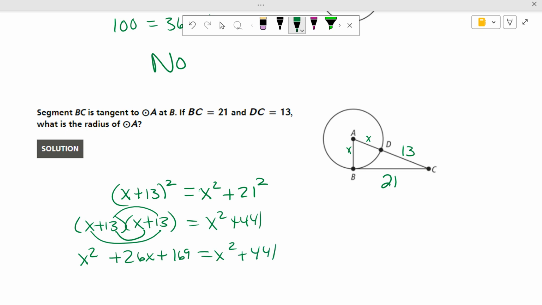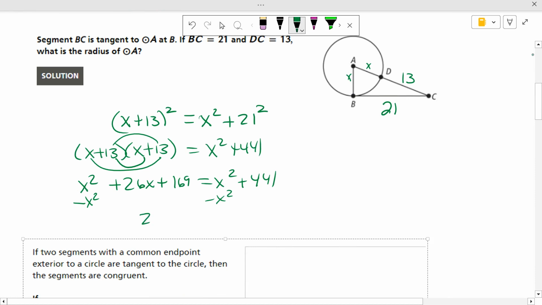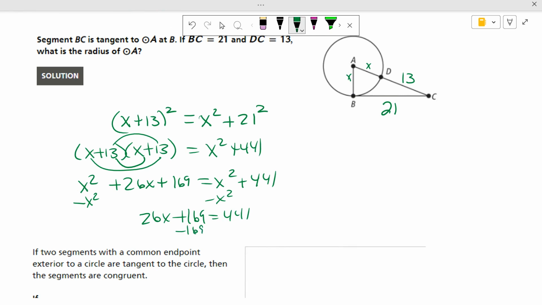Now, what do you see on both sides that we have? x squared. So if we subtract x squared from each side, what happens? They cancel. So you get 26x plus 169 equals 441. Subtract 169 from each side.